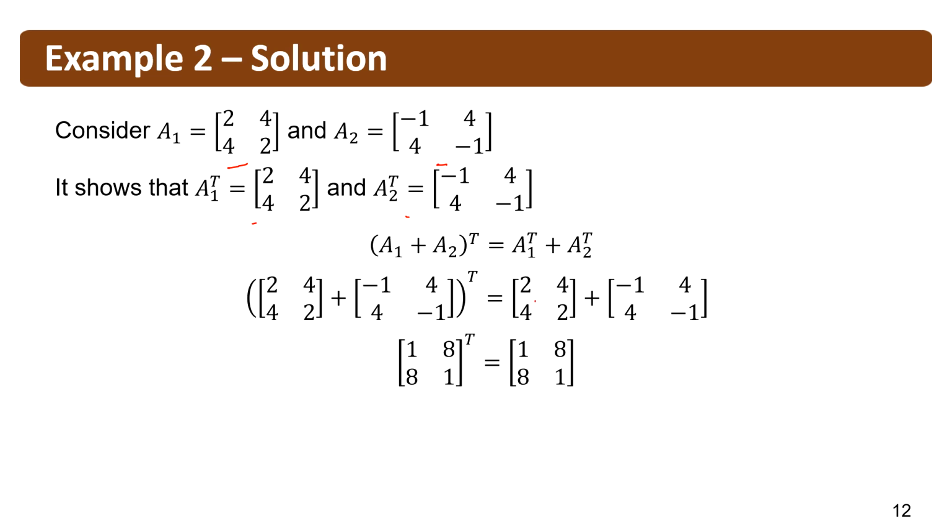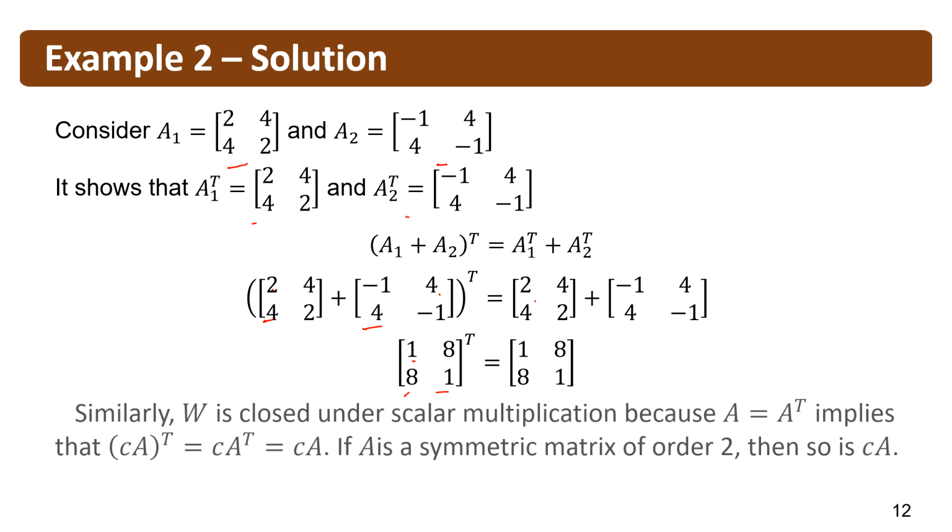So when we add these two, we get 1, 8, 4, 8, 2, 1. And if we take the transpose, it should be the same. They are the same. So therefore, W is closed under addition, and this property holds.